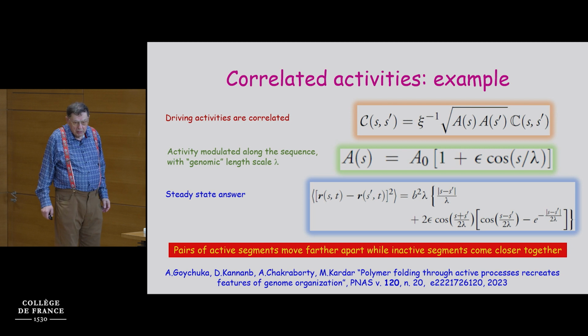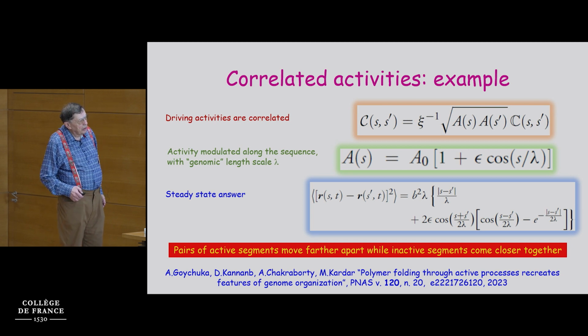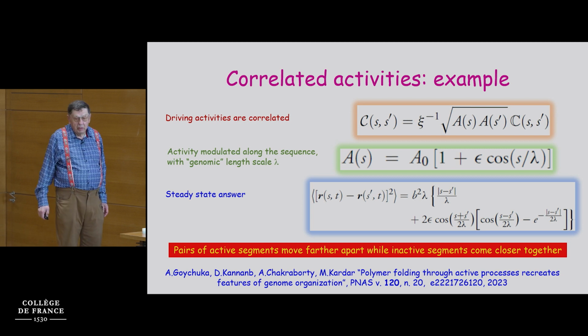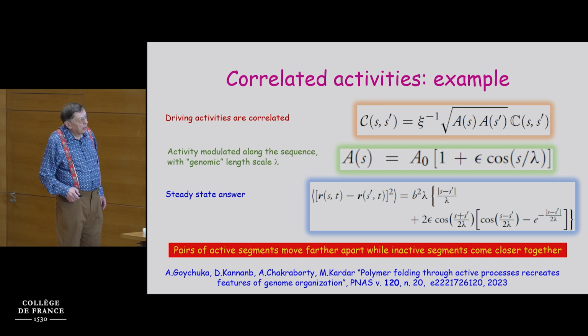Is epsilon supposed to be small in that calculation? Yes, it's a perturbation theory with respect to epsilon, and you see that this epsilon enters in the first power. So the first term is a trivial Gaussian term, and b squared here is the persistence length or Kuhn segment. Okay, so lambda is this length scale.